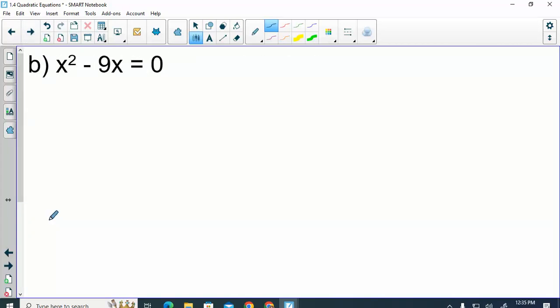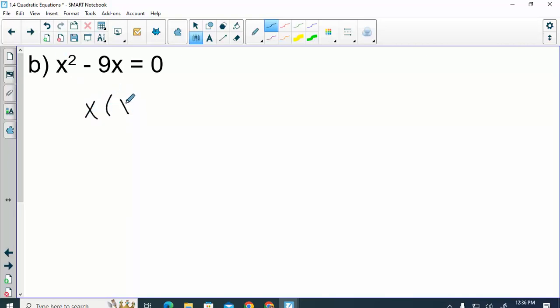Let's look at this one. What do we need to do here? Take the x out. So first step when we're trying to factor, you always check for a greatest common factor, and we have that here.